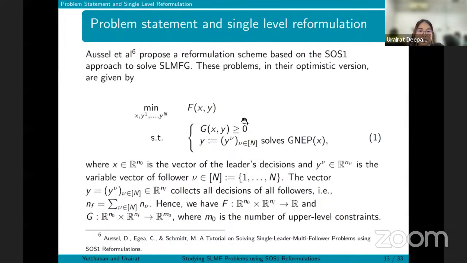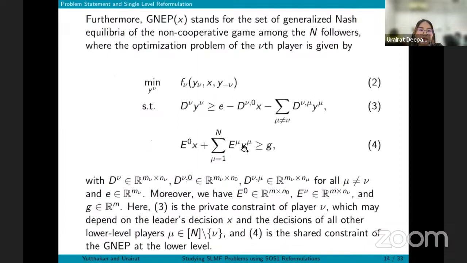In this page of the algorithm 1, equation 1 is not in finite form, right? This is where we get y from in this algorithm: minimize over y new, the player, right? The small f is the cost function of the follower, such that, and in equations 3 and 4 are the constraints of the follower.